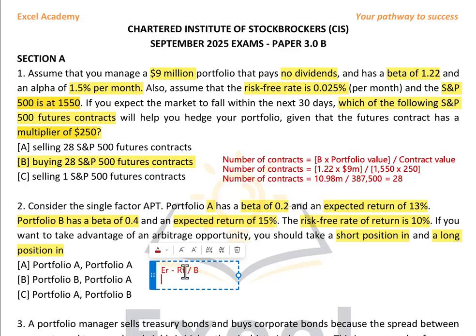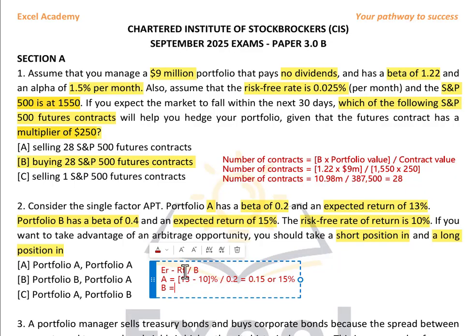We'll do that for A and B. For portfolio A, the expected return is 13%, minus the risk-free rate of 10%, divided by beta of 0.2. This would give us 0.15, or 15%.